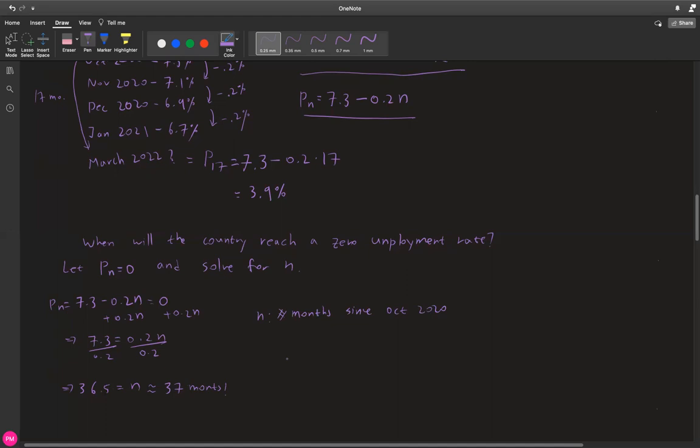So after 36 months, let's count the 37 months from October 2020. We know that the country will reach the zero unemployment rate in November, I think 2023. Yep, that's 37 months. So the country will reach the zero unemployment rate in November 2023.